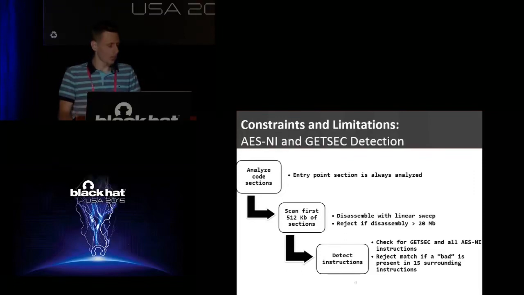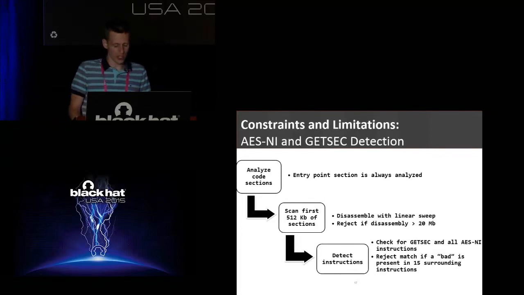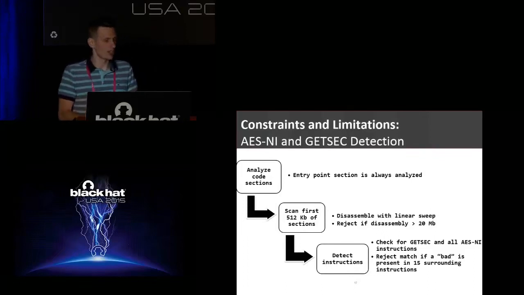So we were scanning only the first half of a kilobyte of the section, and we were doing linear sweep disassembly, which was very fast. And we were just rejecting some candidates if there are some bad or non-recognized opcodes in their linear sweep disassembly.